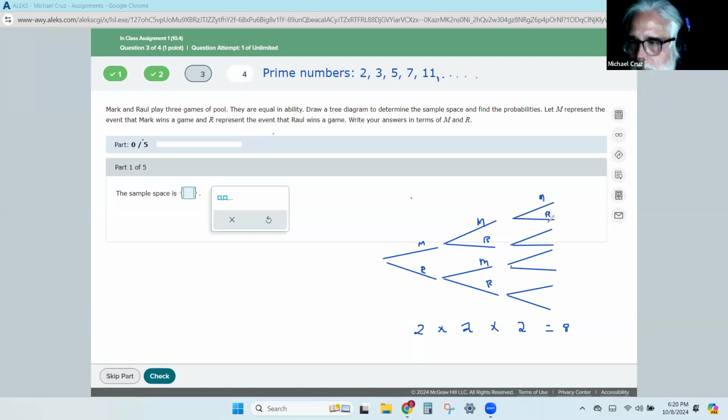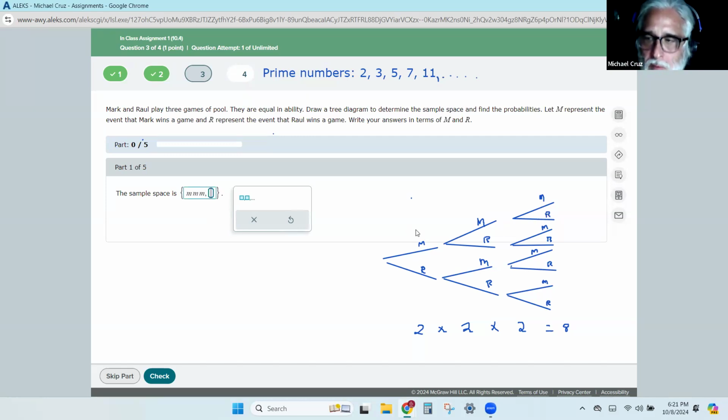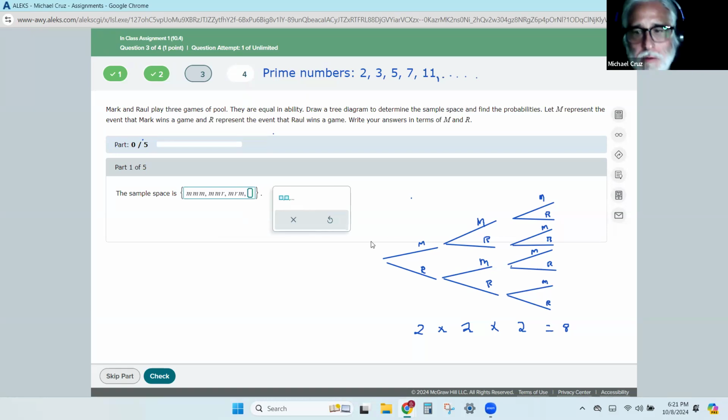M, R, M, and R. M, R, M, R. All right. So what these are going to be are, I'm going to just type them over here. So the first one's going to be MMM, and then it's going to be MMR, and then MRM, and then MRR.